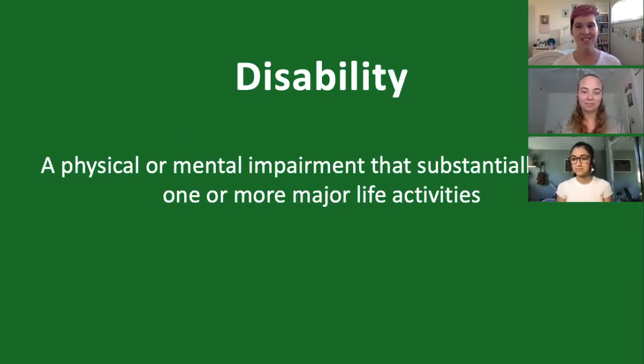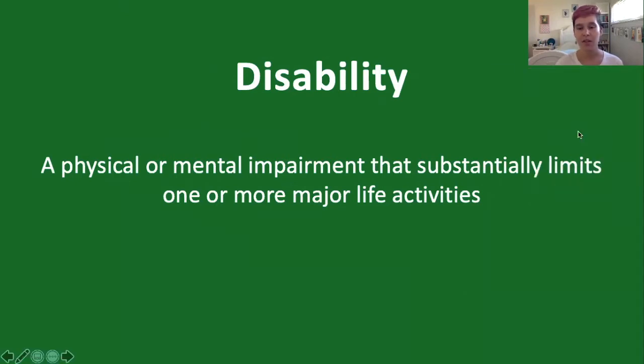So first we wanted to start off by defining disability. So disability is defined as a physical or mental impairment that substantially limits one or more major life activities. So this is the official legal definition of disability.